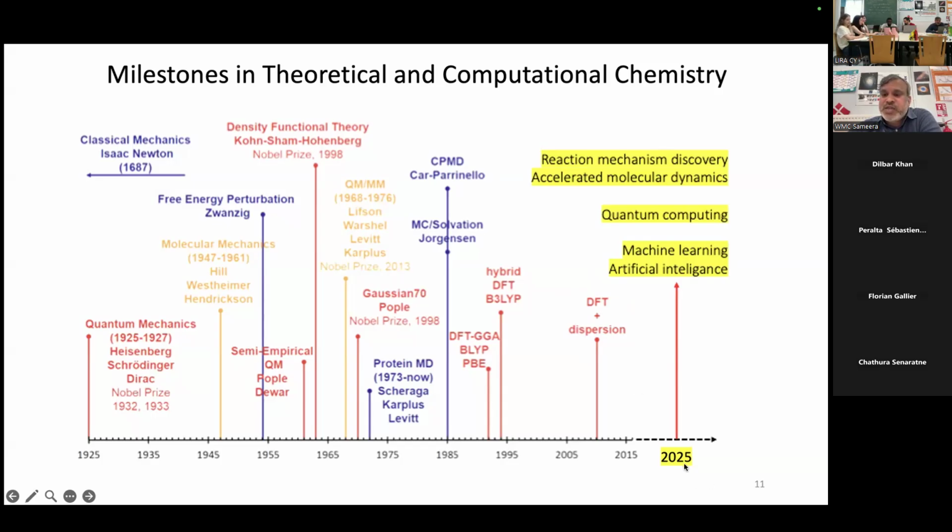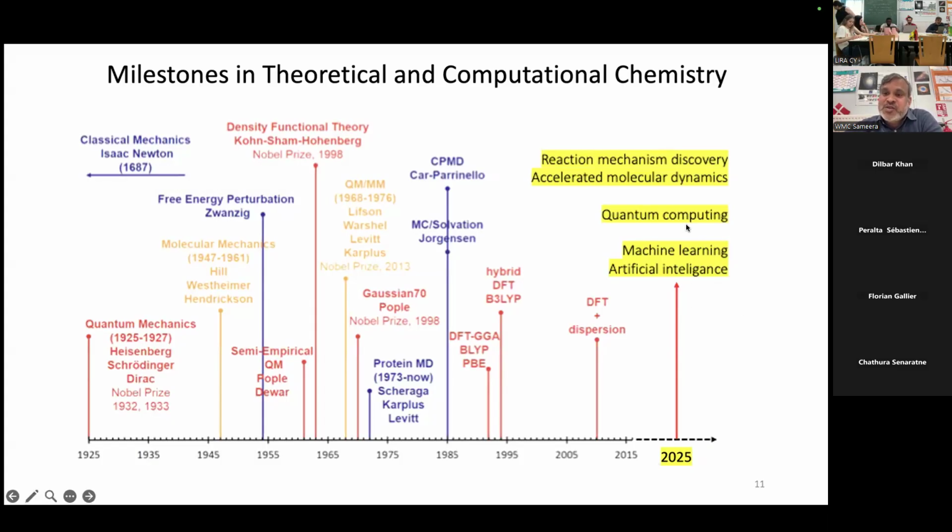We are now in 2025. I have noted down a few very popular and hot topics. Machine learning and artificial intelligence are at the top now. They are making very fast progress, and people have been applying them in many different fields.